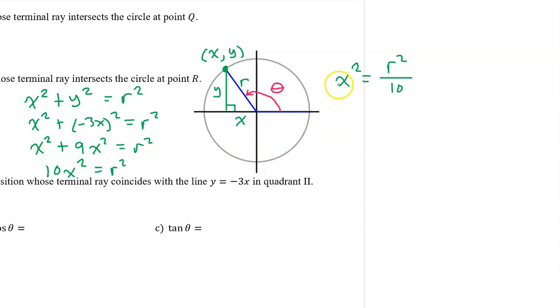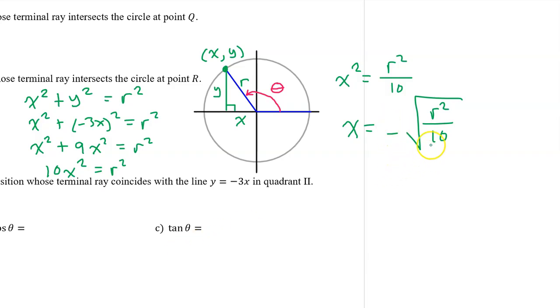We can solve for x by taking the square root of both sides. And normally we would say x is equal to plus or minus the square root of r squared over 10. However, the terminal ray is in the second quadrant, so we know that the horizontal displacement will specifically be negative.